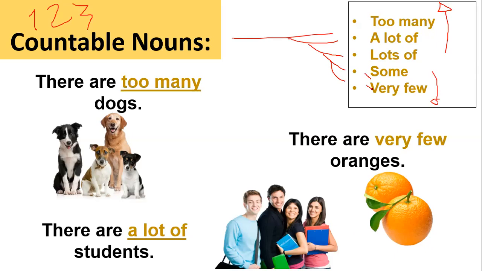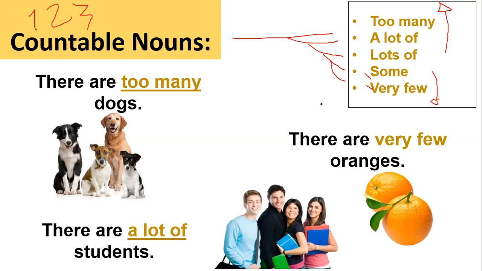Okay? So, for example, if a person has 20 dogs, I can say, there are too many dogs, because the number is big. The same with students. Maybe I have 15 students. So I can say, there are a lot of students.